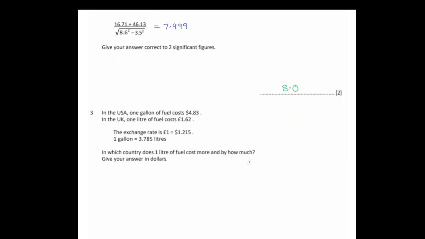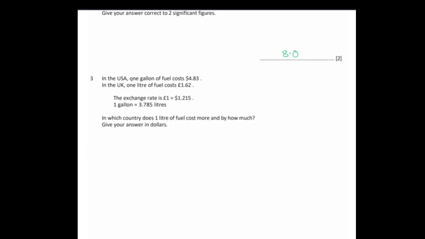Question number 3. In the USA, 1 gallon of fuel costs $4.83. In the UK, 1 liter of fuel costs 1.62 pounds. The exchange rate is 1 pound is equal to $1.215. 1 gallon is equal to 3.785 liters. These are the two conversions they have given.